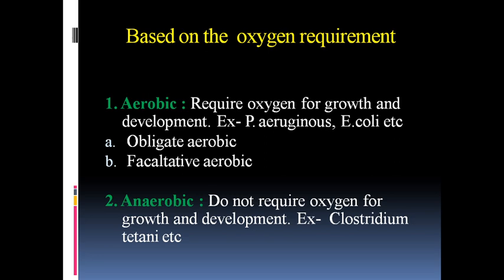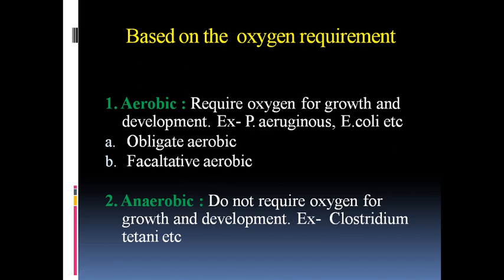Aerobic bacteria are the ones which require the oxygen for the growth and development. Example, Pseudomonas and E. coli, etc. These are the bacteria's names, don't get confused. Again, the aerobic bacteria will be of two types, that is obligate aerobic and facultative aerobic.